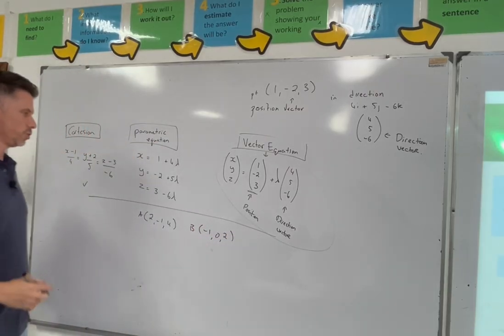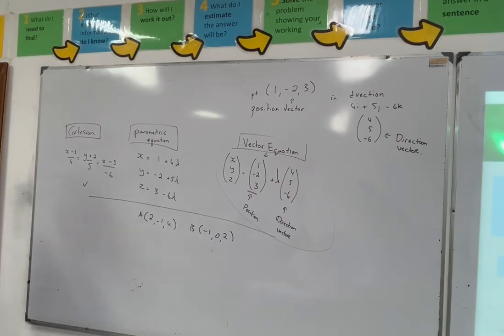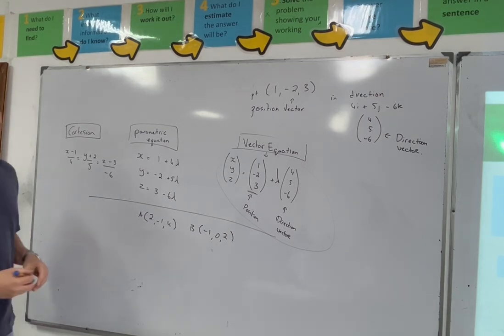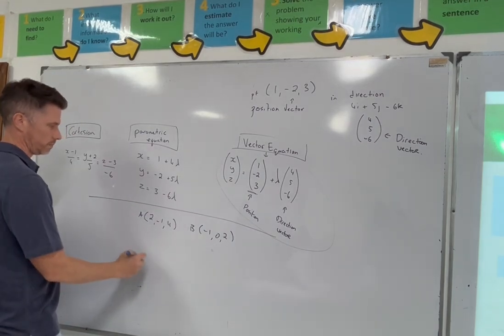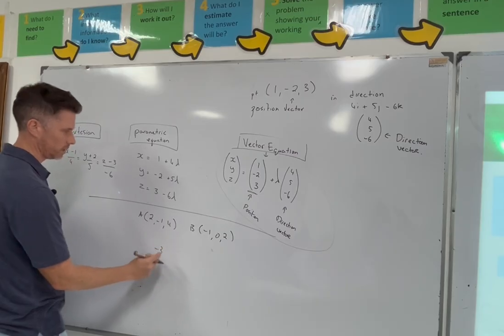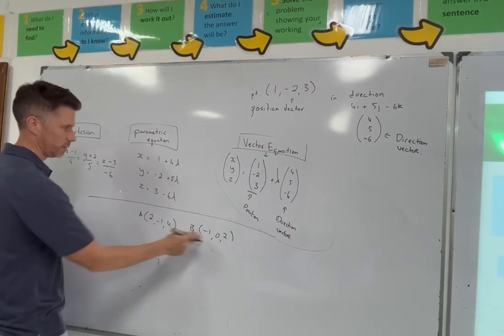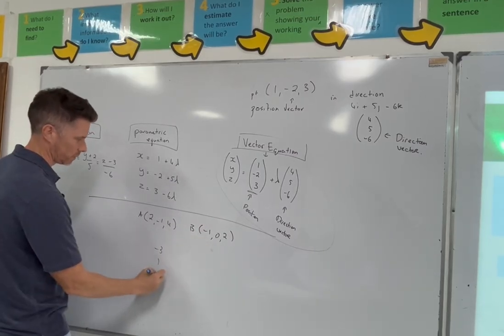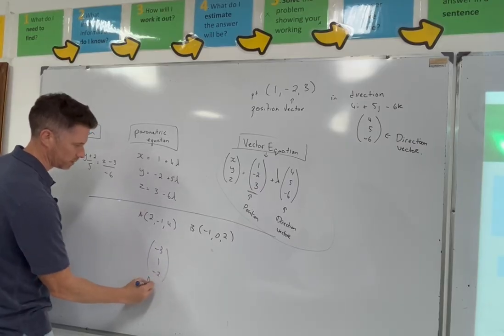If I have two position vectors, how do I get the Cartesian? We need to get the direction first. So we get the direction from A to B, which gives -3, +1, -2. Okay, so that is now a direction vector.